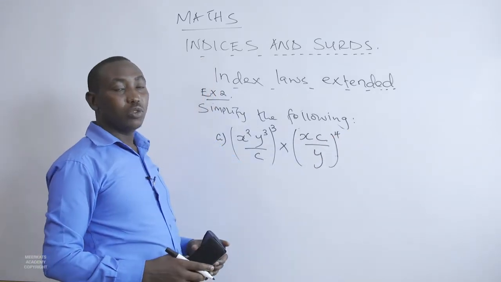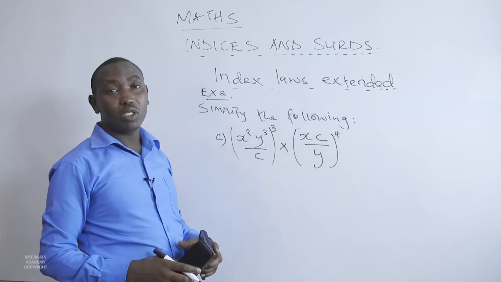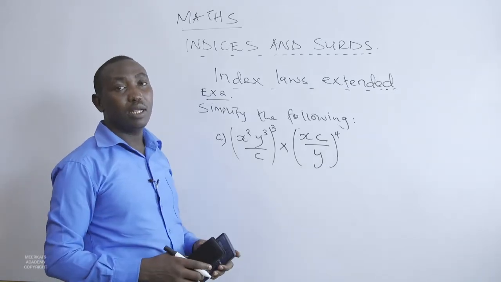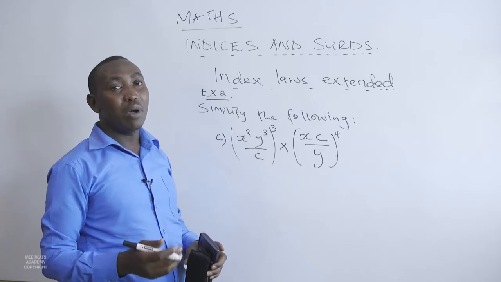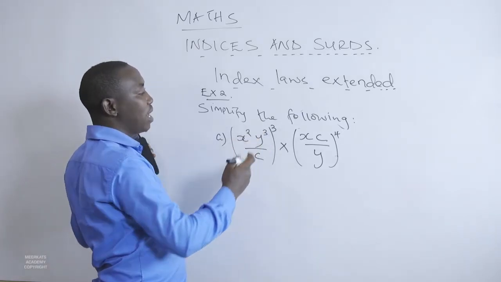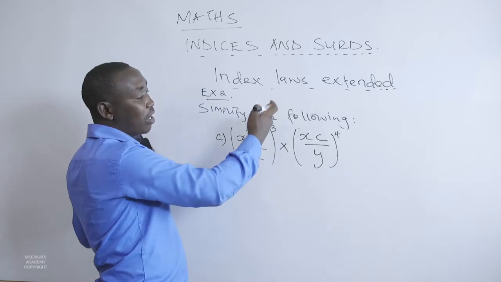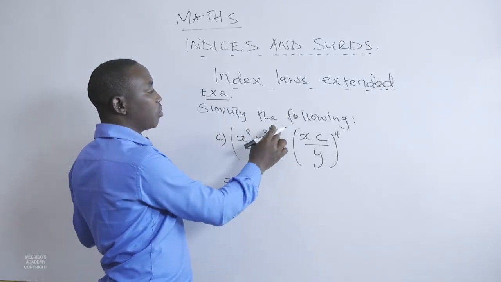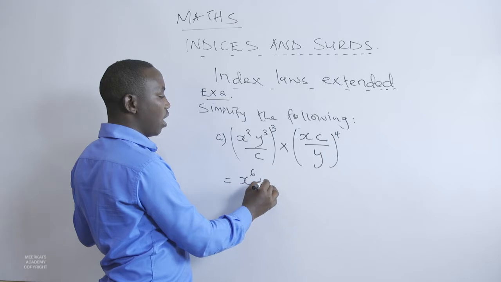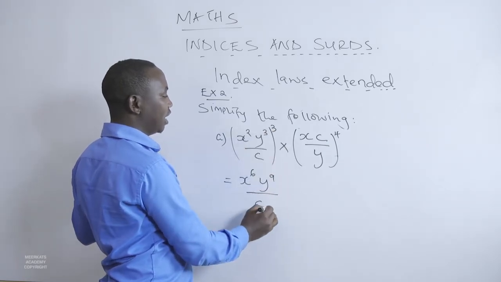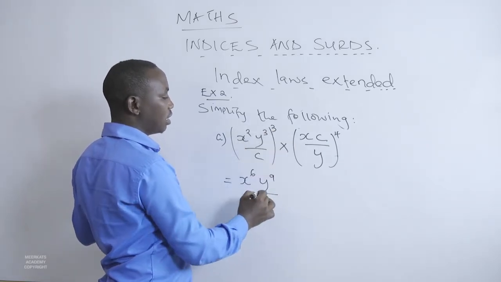So in this case, we are going to treat each bracket independently, and everything inside each bracket is going to be affected by the power in question. So in this case, whenever we apply that power, these are powers of another power. So we shall have x raised to 2 by 3, which is 6, y raised to 3 by 3, which is 9, all over c raised to that power.